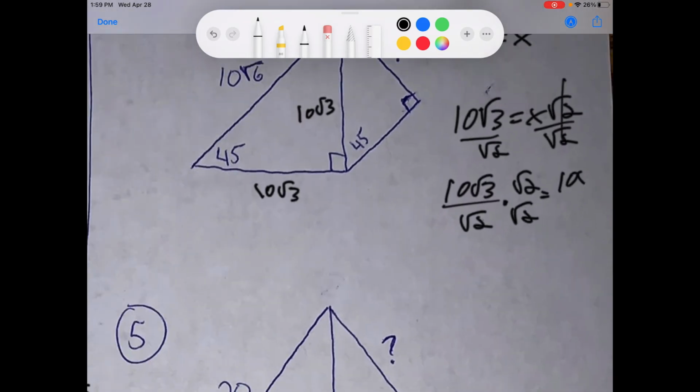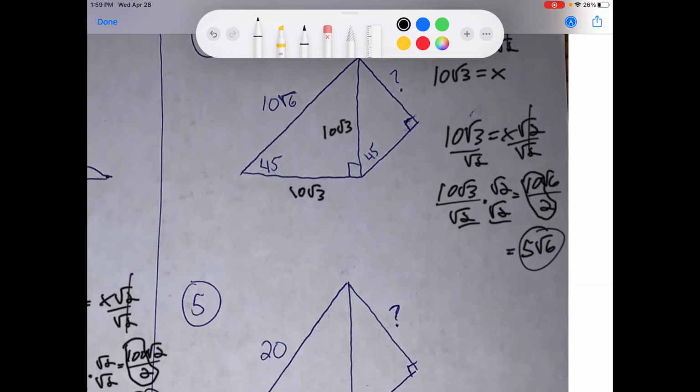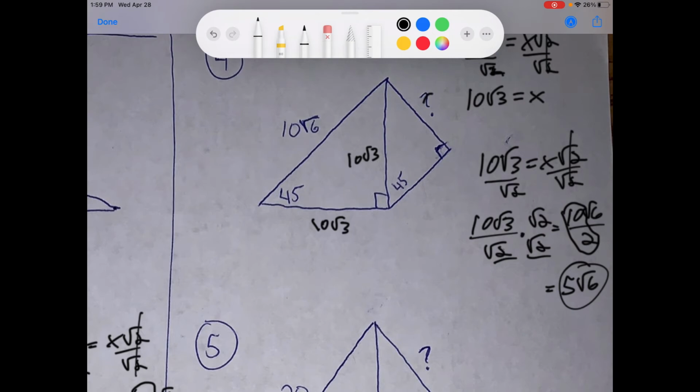So that gives me 10 root 6 over root 2 times root 2 is 2, and 2 goes into 10, so that's 5 root 6. So 5 root 6, 5 root 6.